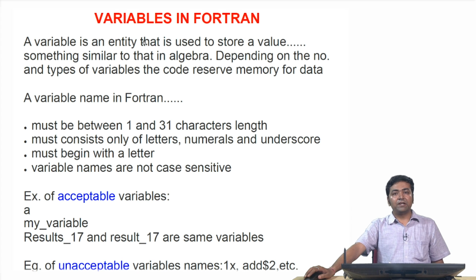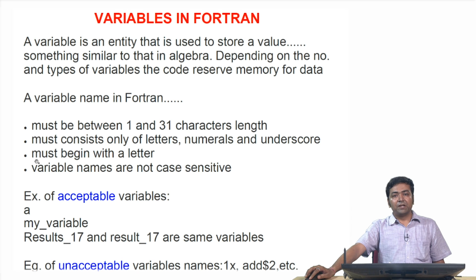So, there are different types of variable declaration in Fortran, but a Fortran variable name has to satisfy the following criteria. One is, usually the length of a Fortran variable is anywhere between 1 and 31 characters, and the Fortran variable name consists only of letters, numerals and underscores.